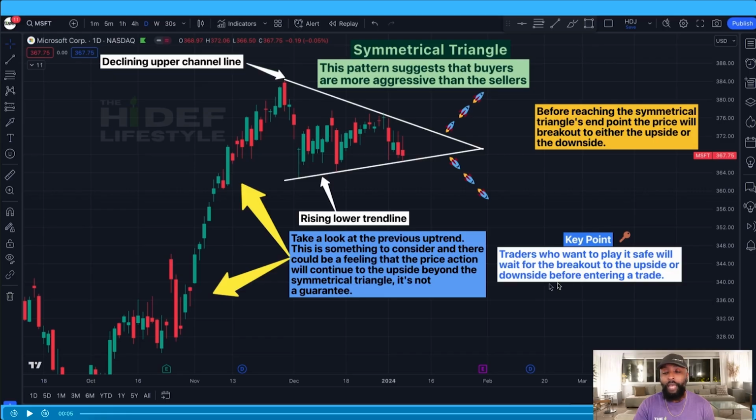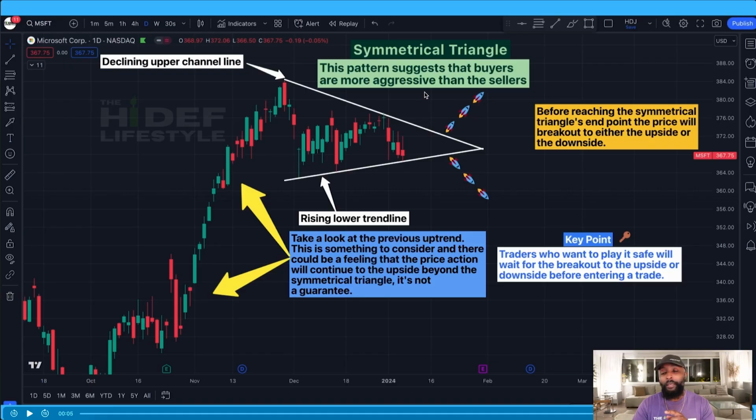All right, so key point, traders who want to play it safe will wait for the breakout to the upside or downside before entering a trade. So again, you can play call option contracts, and then when you get the break to the upside, it's safe. You can jump in once price action breaks through this upper line, or, you know, we talked about retests.